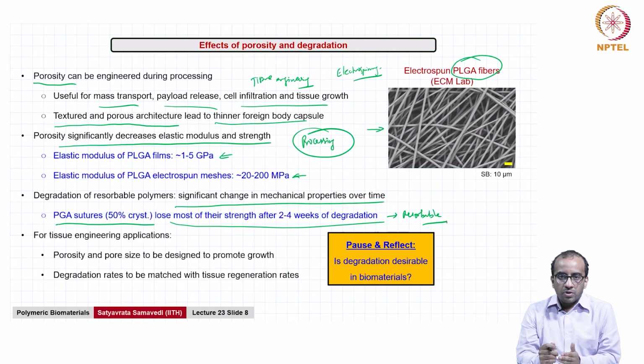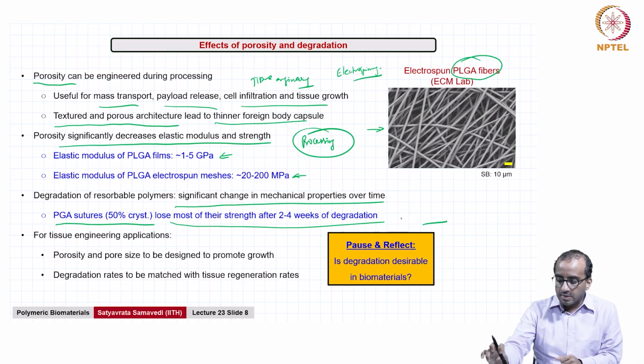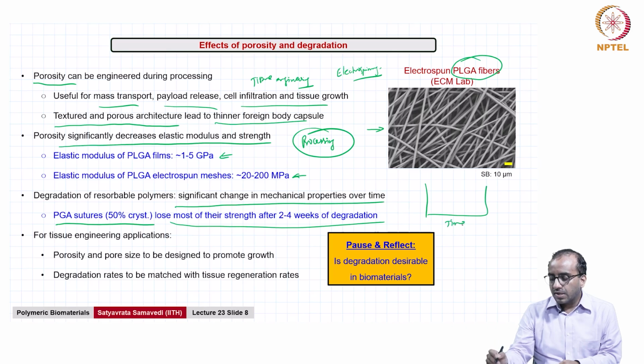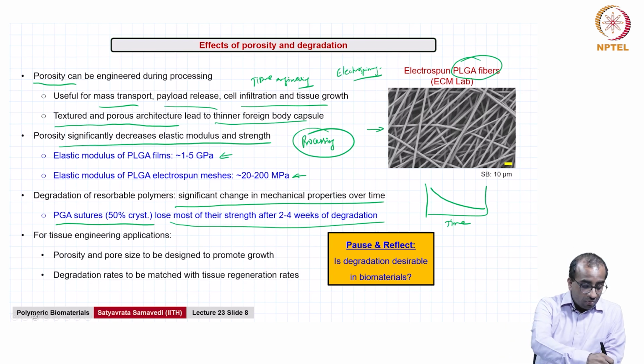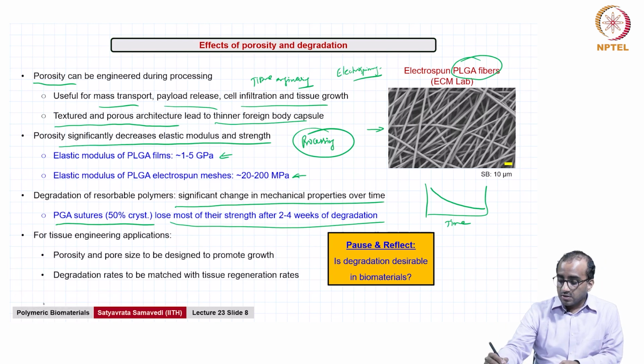What you want to do is match the degradation rates such that the tissue that is growing eventually will take over the role that the suture is doing right now. So, if you think of this as a plot, you are plotting time, and mechanical properties are going down with time. What you want to do is look at tissue regeneration or tissue growth rate.